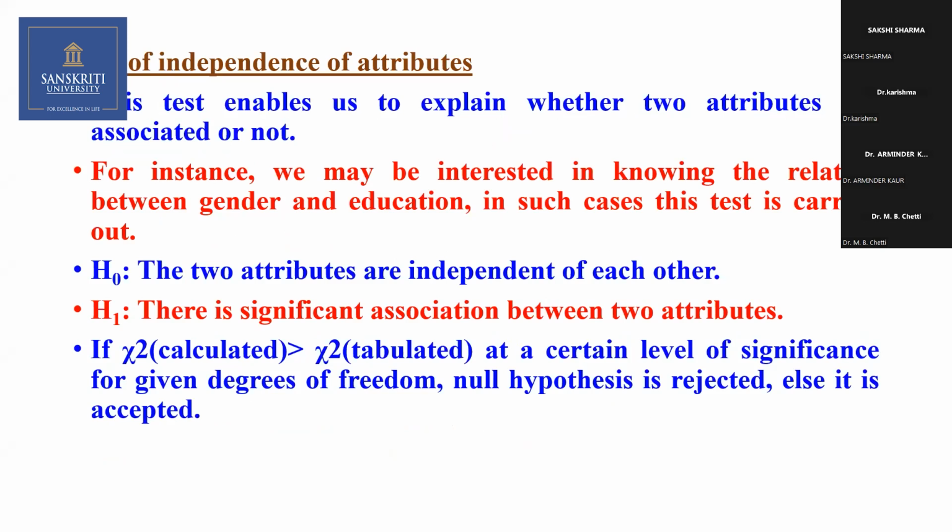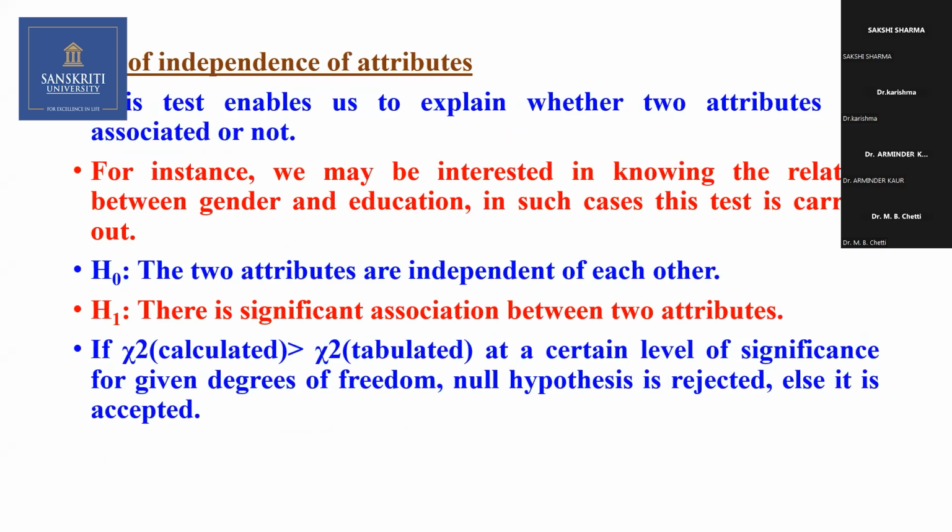Then comes the test of independence. Two categorical variables are there; one is put in the columns, another in the rows. We would like to know whether there is any association or relationship between the categorical variables. The null hypothesis says that the two attributes are independent of each other, whereas the alternative hypothesis says there is significant association between the two attributes.